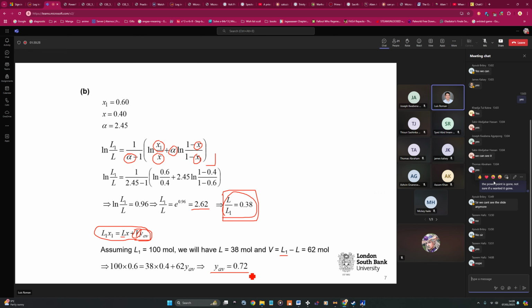These kinds of problems are relatively easy. It all depends on what kind of information you have. In some cases you have the liquid compositions, maybe the relative volatility. Probably you need to find the liquid phase composition, maybe at the beginning or maybe at the end.